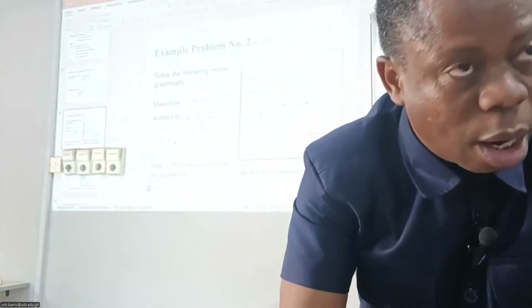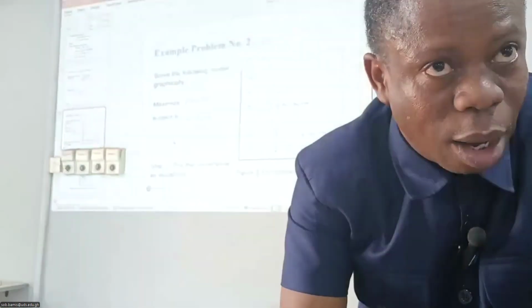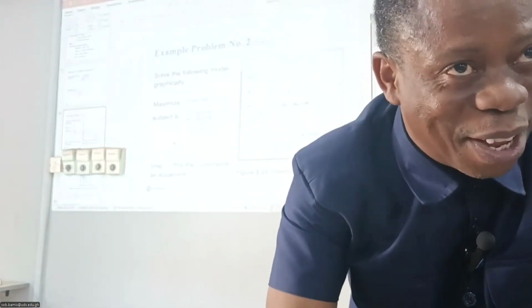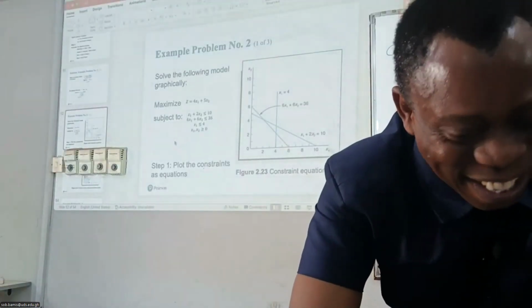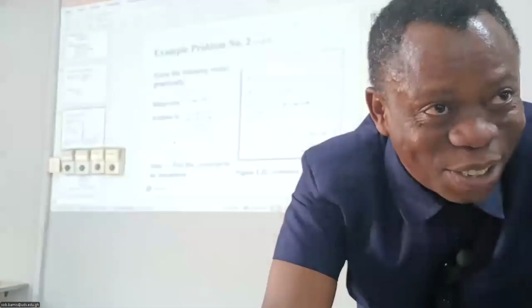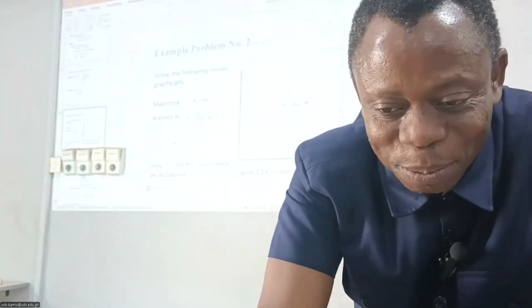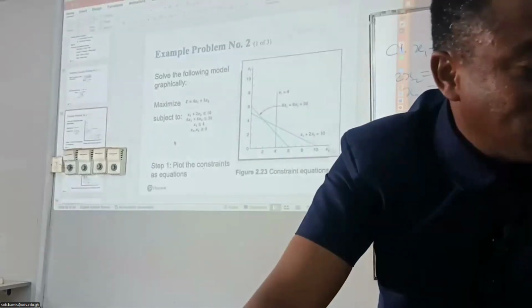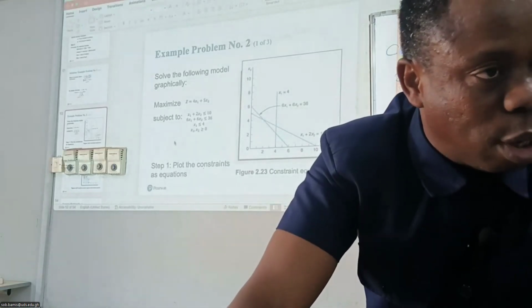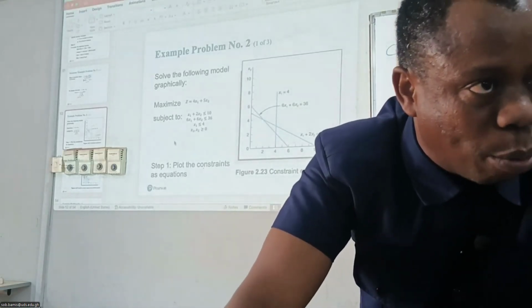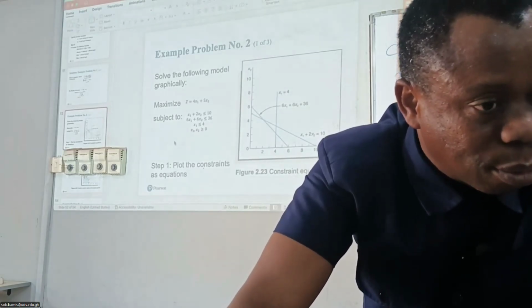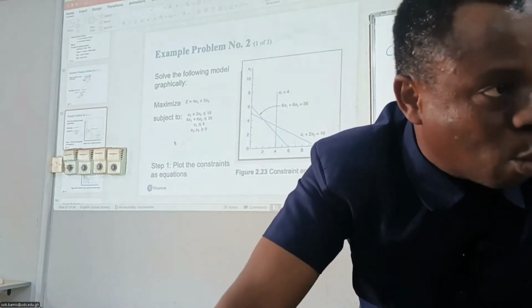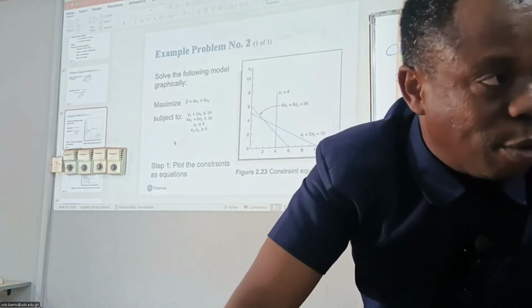Mathematically, graphically, and using the spreadsheet. So when you solve them, find out which of the constraints are binding, which are not binding. What are the slacks, if any? Then you also calculate the sensitivity ranges.